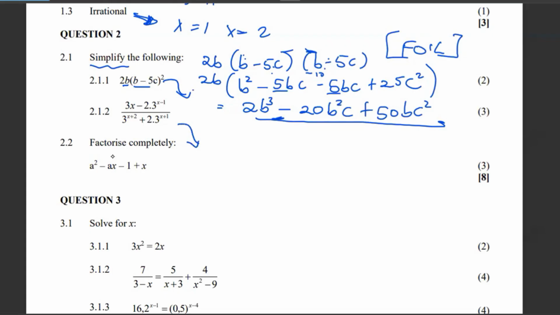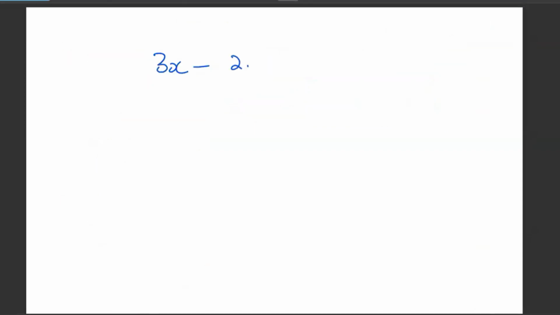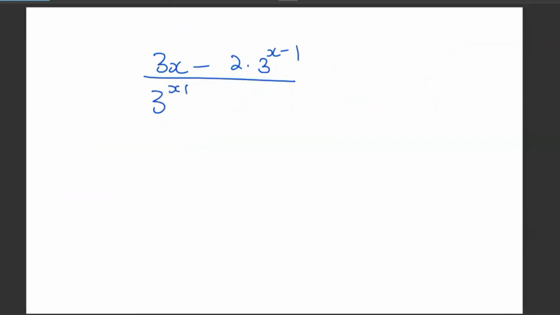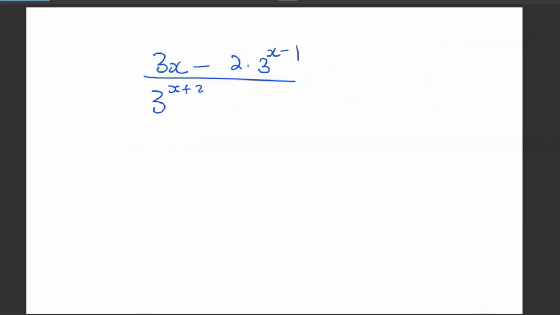Then we have this question. 3x minus 2 times 3 to the x minus 1. Let me just put that question on a blank page. So we have 3^x minus 2 times 3^(x minus 1), over 3^(x plus 2) plus 2 times 3^(x plus 1).